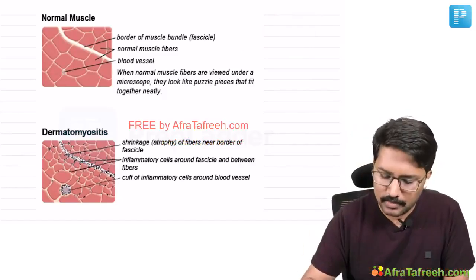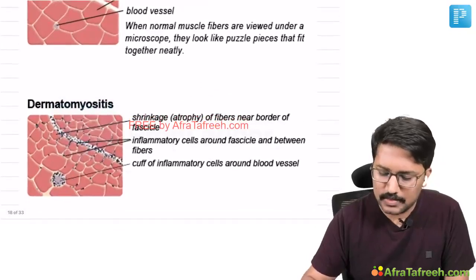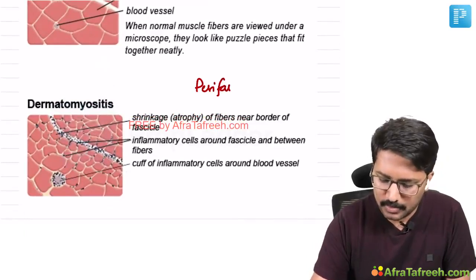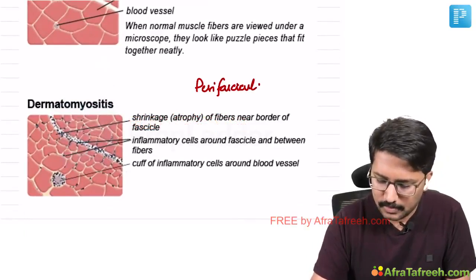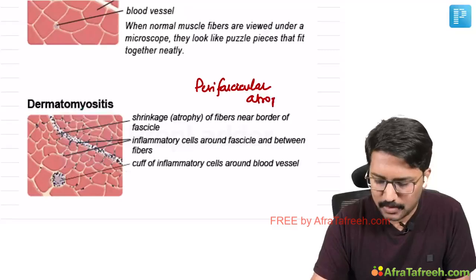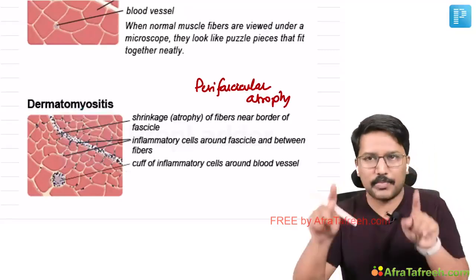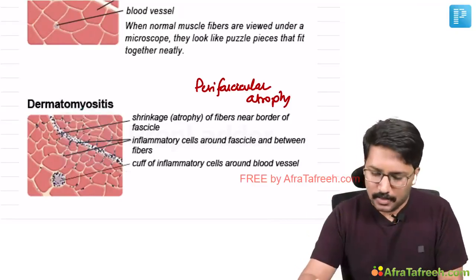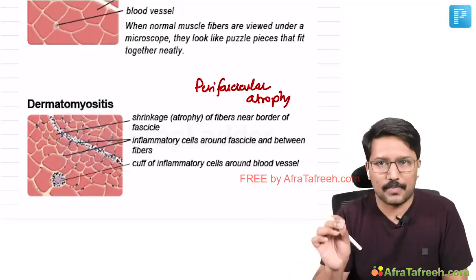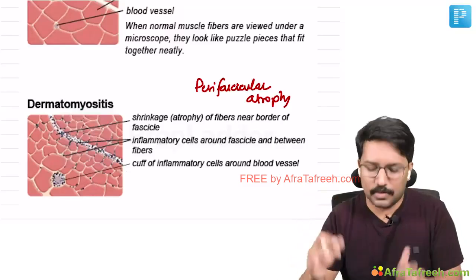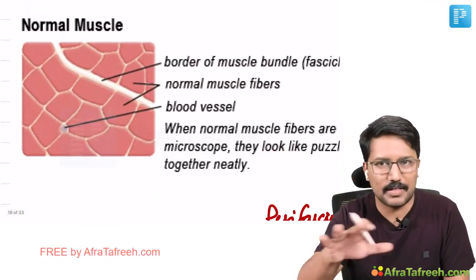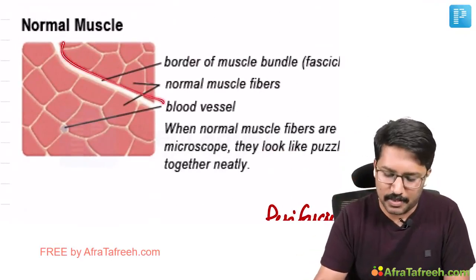Now, when you look at dermatomyositis, what you will notice is what we call perifascicular atrophy. When I say perifascicular atrophy, that means you have this classical fascicle where there are multiple muscle fibers present, at the edge of these fascicles. That is why we are calling it perifascicular atrophy. If you look at this fascicle, this is how normal muscle would look, as if it is a neatly arranged pavement separated by a road.